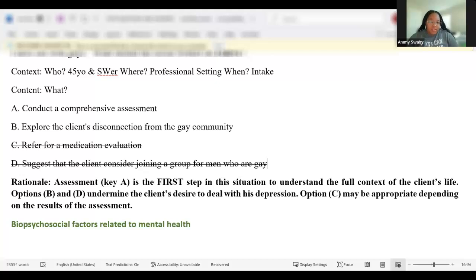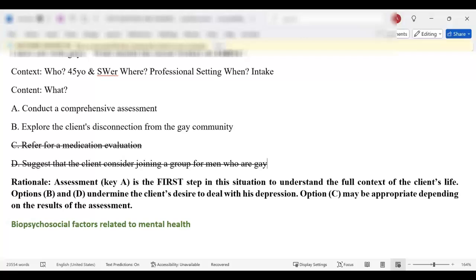Options B and D undermine the client's desire to deal with his depression. Sorry, undermine. Very different. Option C may be appropriate depending on the results of the assessment. Okay. All right.